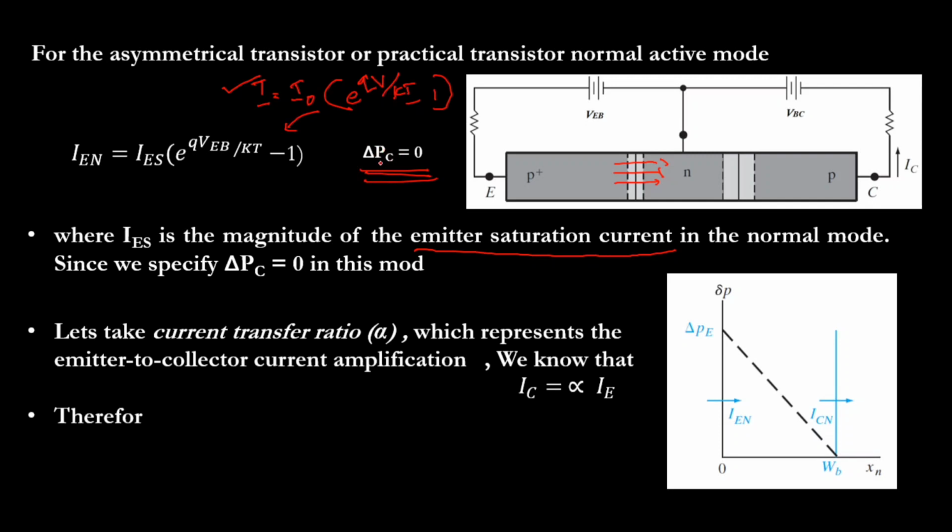And we have learned one more expression in the previous class. IC is equal to alpha IE.